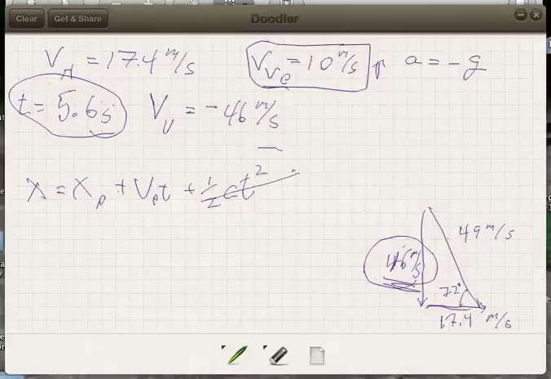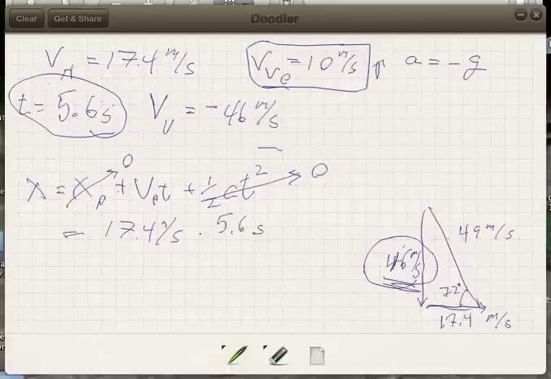But horizontally speaking, the acceleration is 0, and we let the initial horizontal displacement be 0. And so this is very easy: 17.4 meters per second times 5.6 seconds. These cancel. We love it because the answer comes out in meters. And now we just have to multiply 5.6 seconds times 17.4 meters per second.